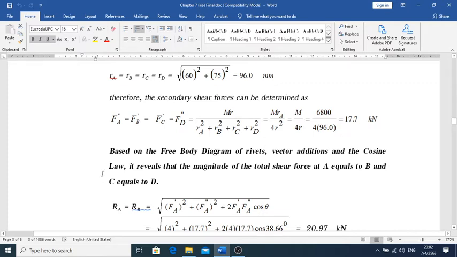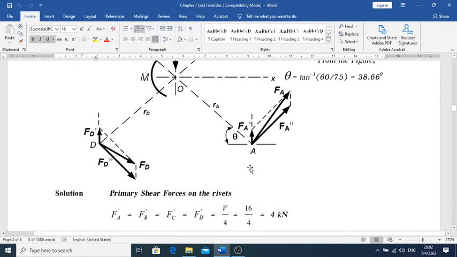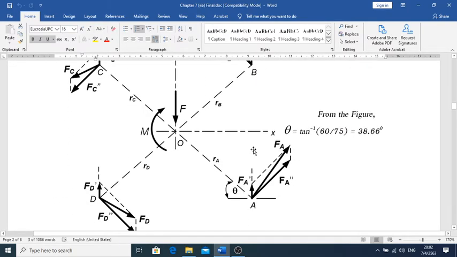And then based on the free body diagram, with the vector addition by the cosine law, the magnitude of the total force at A is equal to that at B. So have a look at it, A and B are equal to each other, right? And B and D are equal to each other, C and D are equal to each other, right?